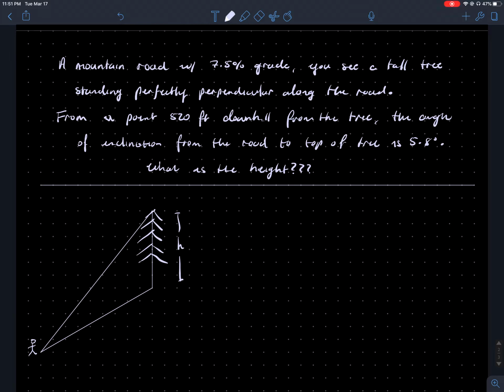Okay. This angle right here, because this is the road, right? Here's our road. This angle right here is going to be that angle of inclination. So that's going to be that 5.8 degrees. Okay.